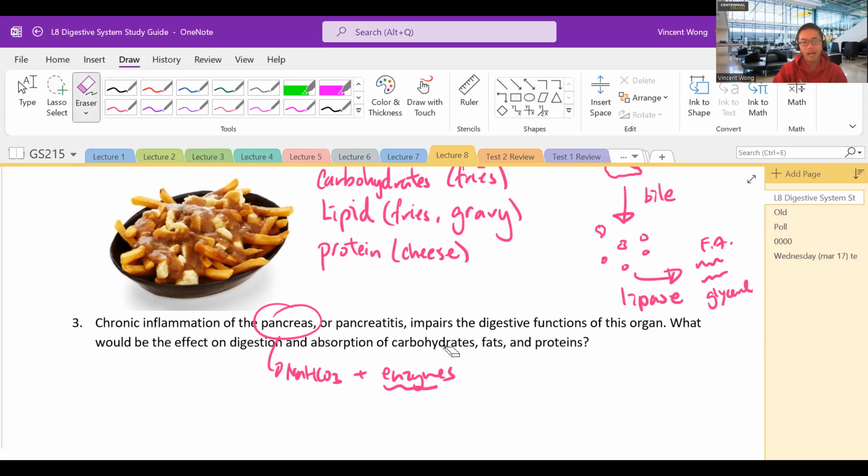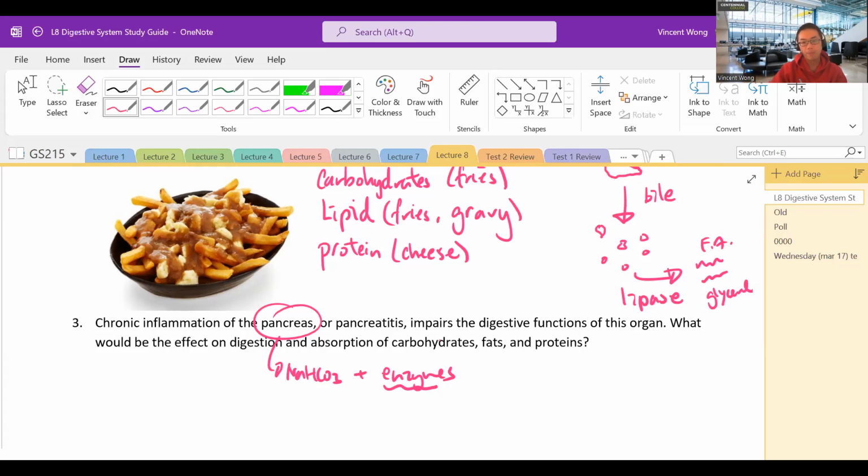Same thing with the fats. The bile will make it into smaller droplets, but you really need the lipase from the pancreatic juice to finish the job. So in general, missing a bunch of enzymes is going to essentially result in indigestion.